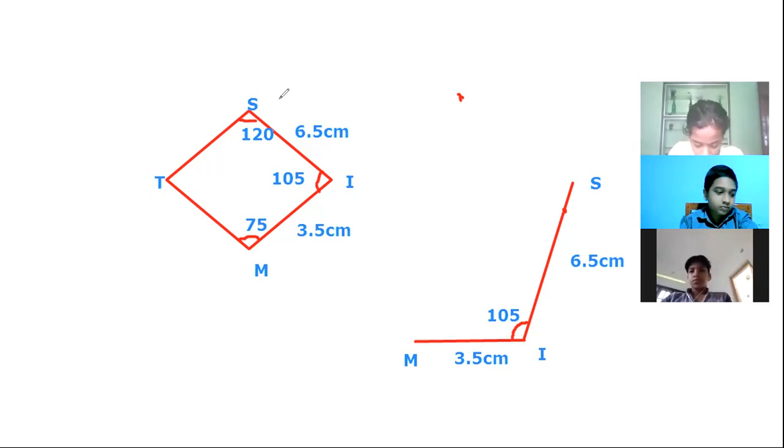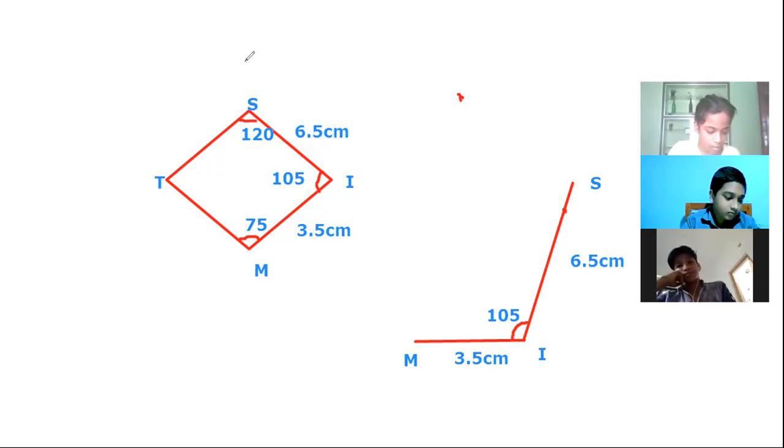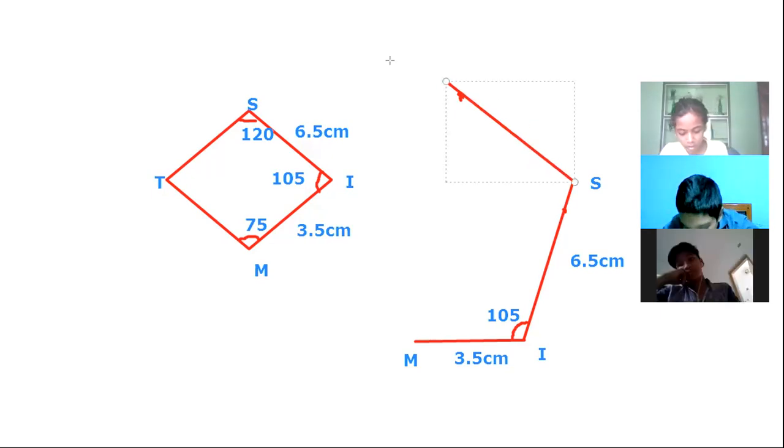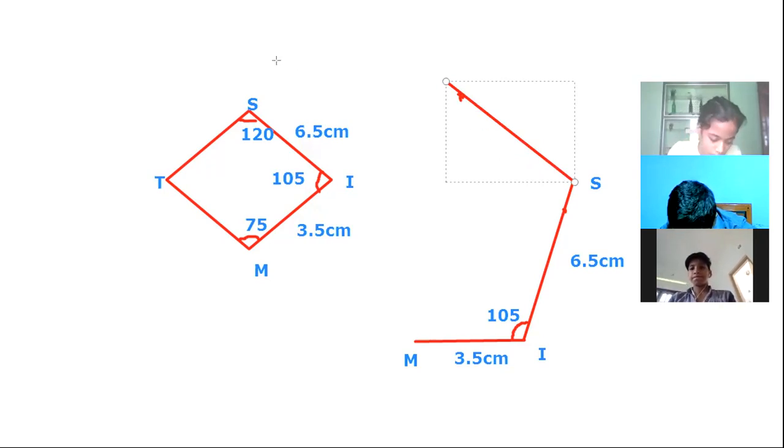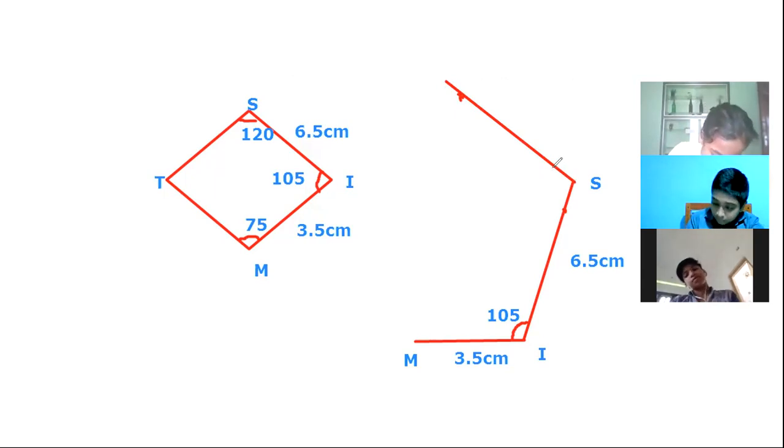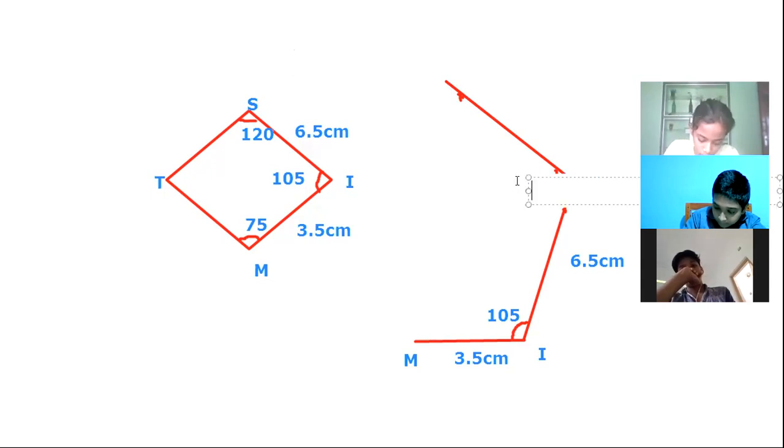Now we have to find the vertex T. You just draw a line joining this 120 degree point and the vertex S. And after that, we will get this angle. How much is this angle? It is 120 degree.